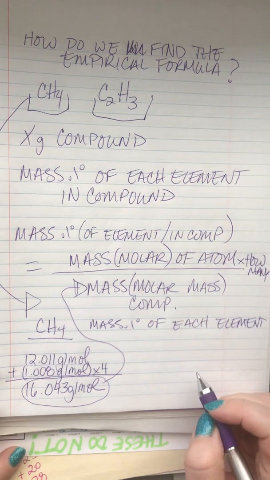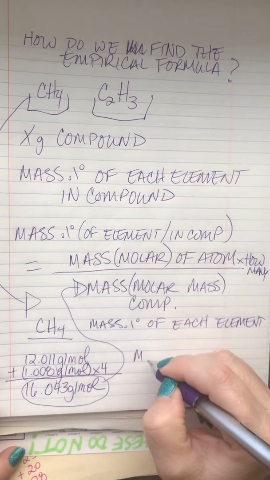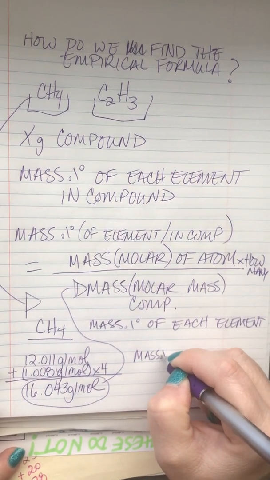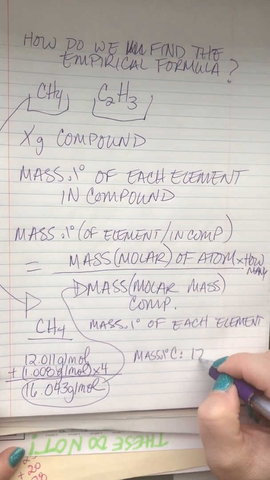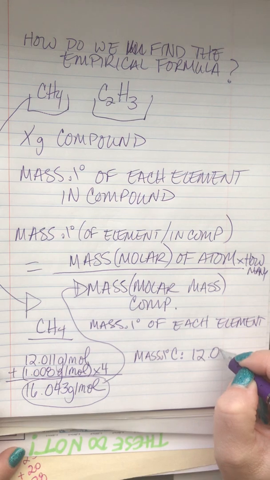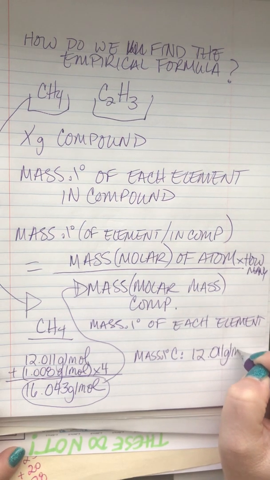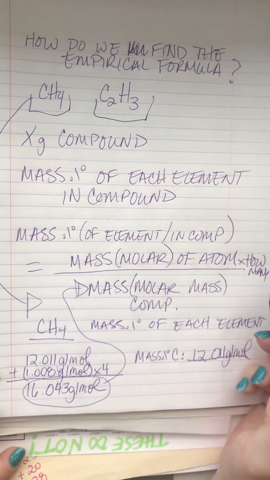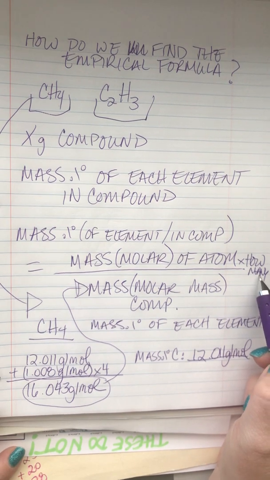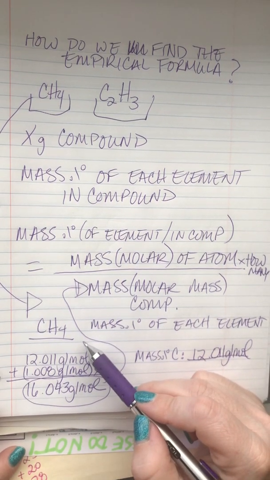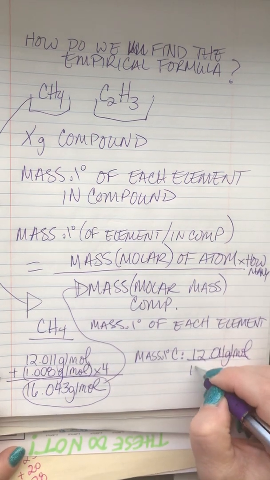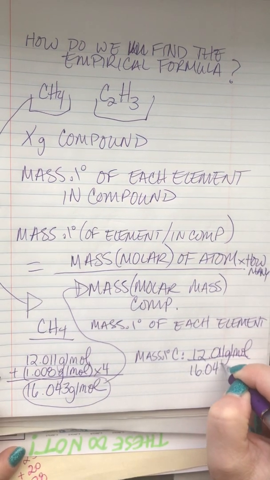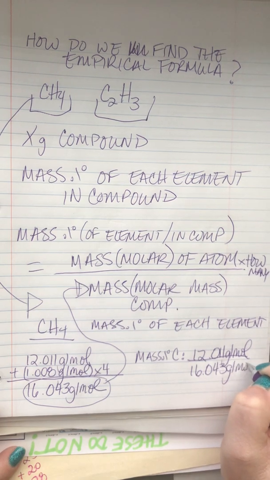Now for the mass percent of carbon, we're going to take the molar mass of carbon. We don't need to multiply it by any number because there's only one of them. Does that make sense? Yeah. And then we divide it by 16.043 grams per mole.